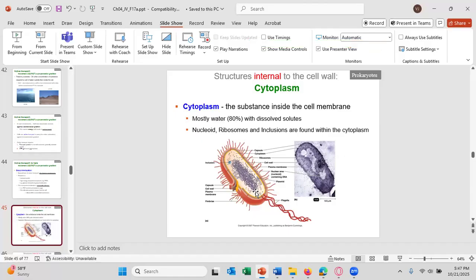There can also be other molecules inside the cytoplasm which are large enough that they are not in solution, like a ribosome is large enough it does not go into solution.